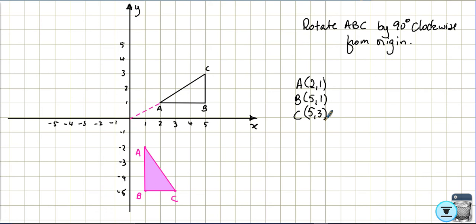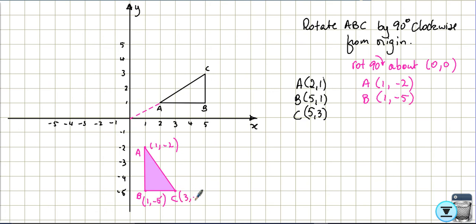When we rotated our triangle, rotation 90 degrees clockwise about the origin, that was our center of rotation, point A became the point 1, minus 2. So A became 1, minus 2. B became the point 1, minus 5. And C became the point 3, minus 5.